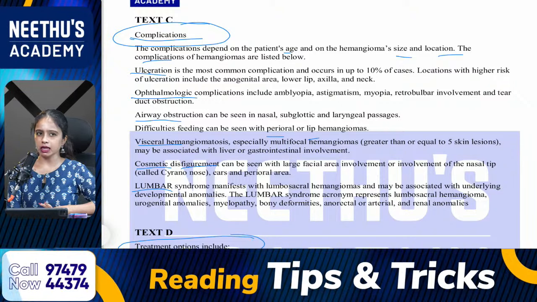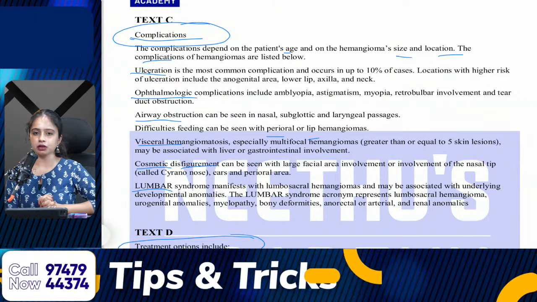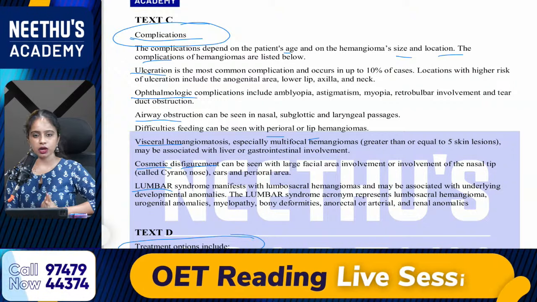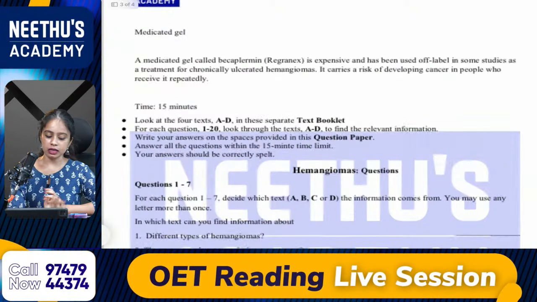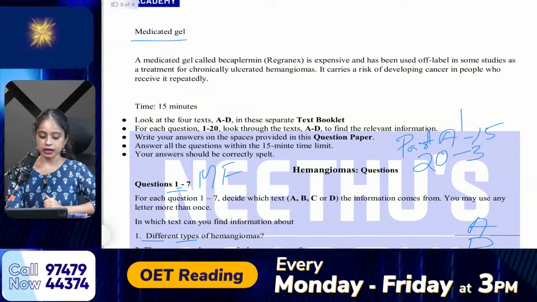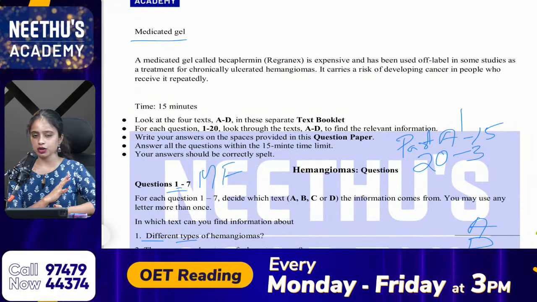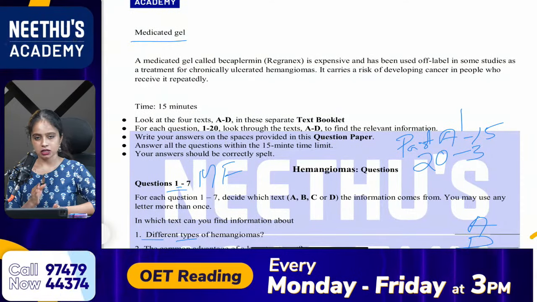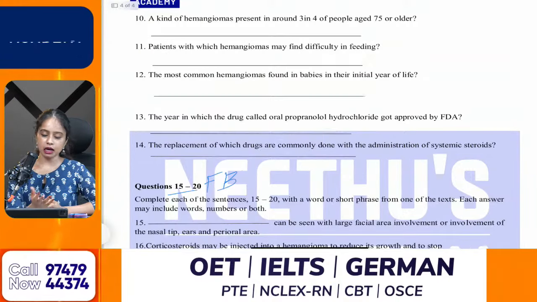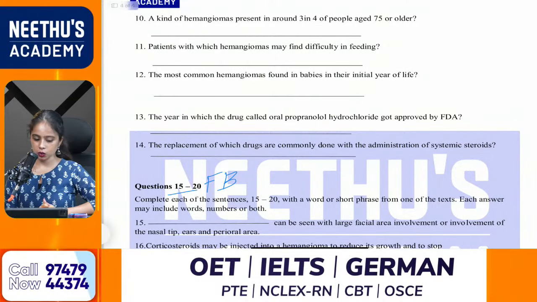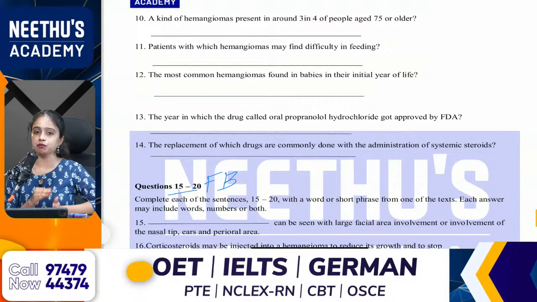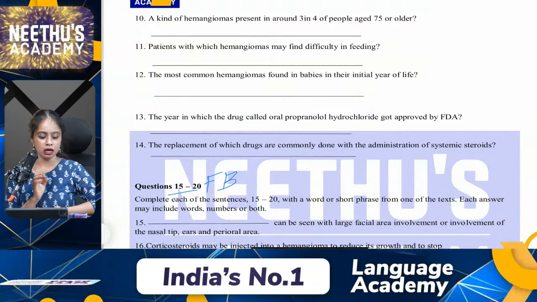So now I will say something regarding what are the important keywords that you can mark. Already you know, you can mark all the headings. Likewise complications, treatment, you can mark all the headings from each of the texts, as well as the subheadings. If they have mentioned a heading and subheading, they will clearly mention it.